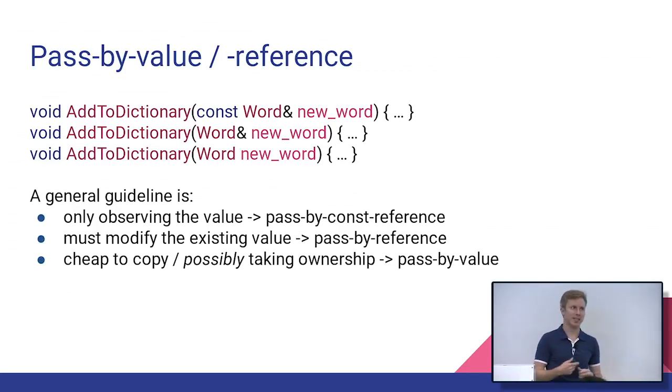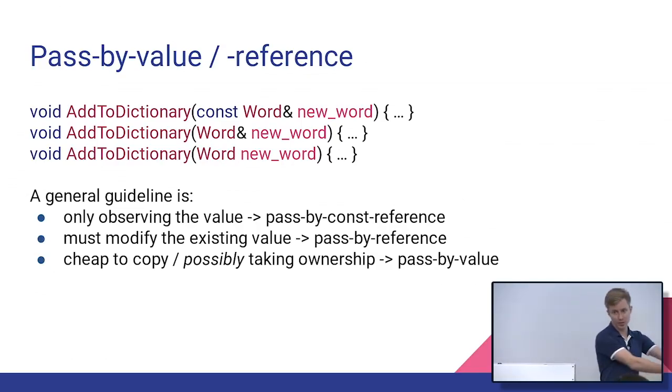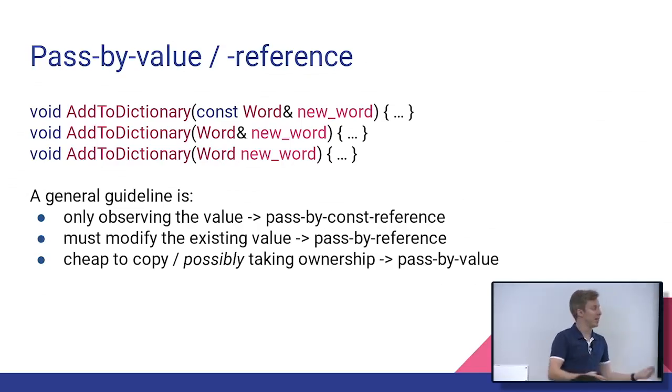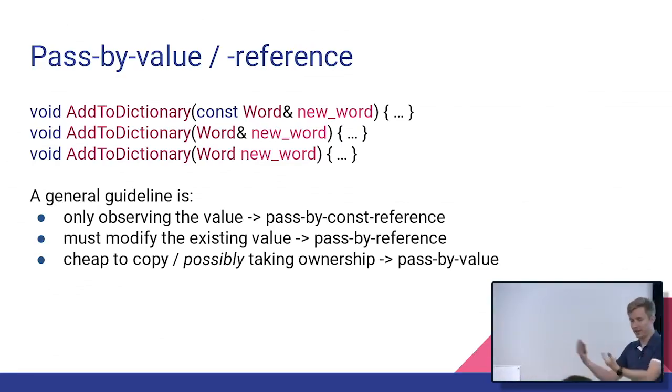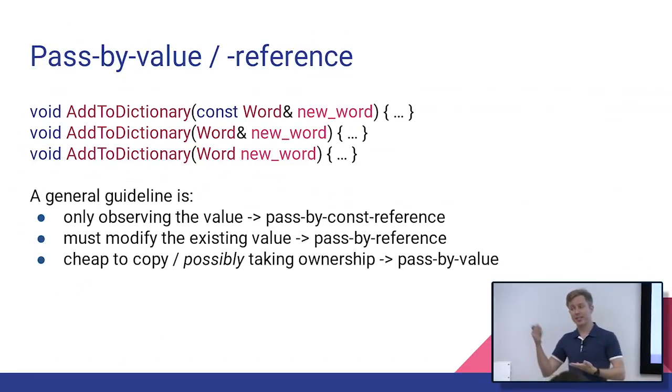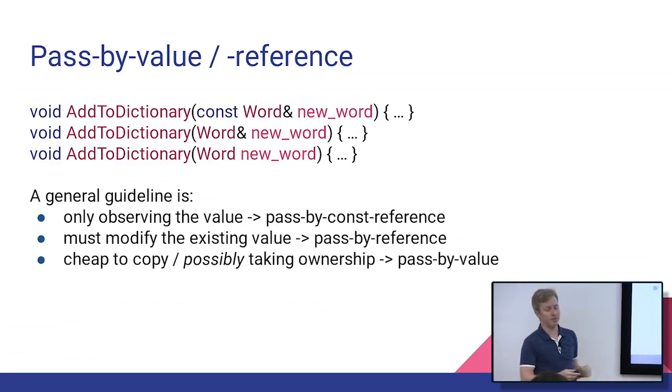So if you want to say, like, initialize all of these values or something. And then the last one, when you don't pass a reference at all, is either it's really cheap to copy the object, or in new style C++, if you're potentially taking ownership of that object. So for example, if somebody says, I'm totally done with this, I'm not going to use it anymore, I'm handing it off to you, it's now your responsibility. If I'm the function who's taking that thing handed off to me, I'm potentially taking ownership, and that's when I might do this.